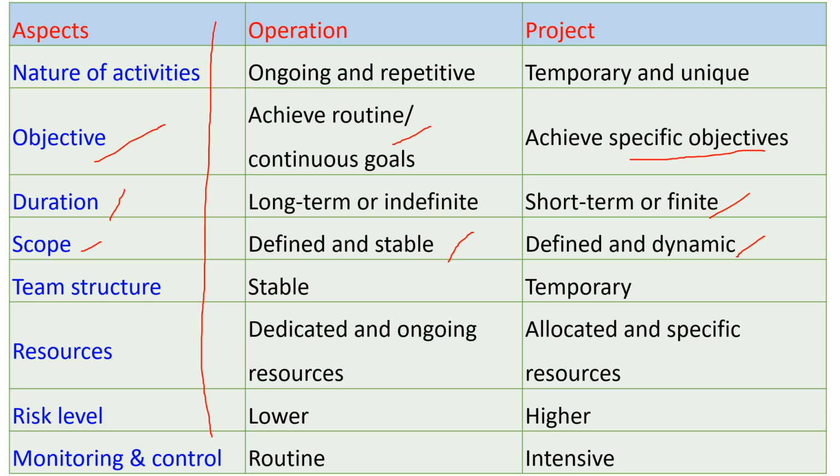When we compare with the aspect of team structures, in the case of operation, there is a stable structure, stable roles and responsibility. Whereas in the case of projects, the structure is temporary. The teams are formed for a temporary project. So after finishing the project, the team will return back to the original offices.